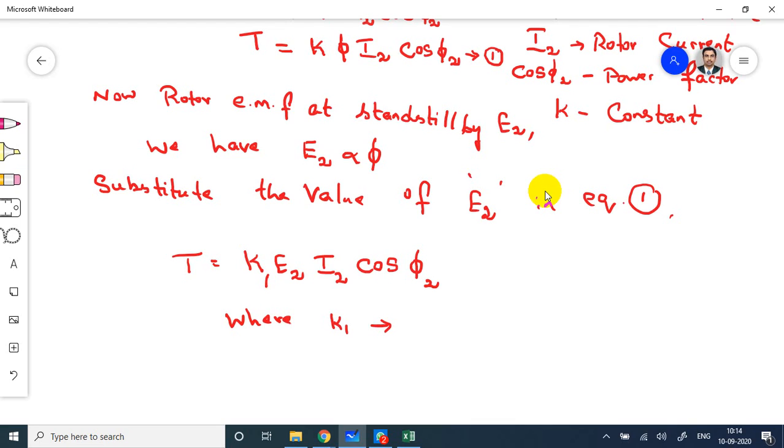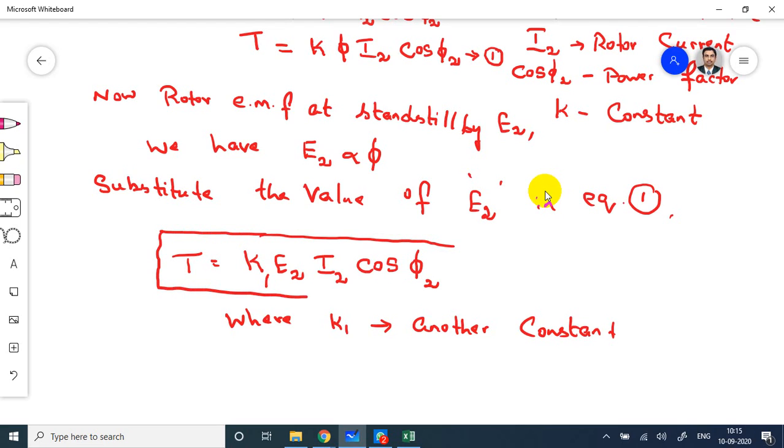Where K1 is another constant. So your equation is T equals K1 into E2 I2 cos phi 2.